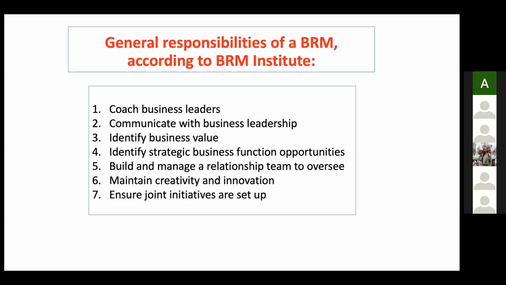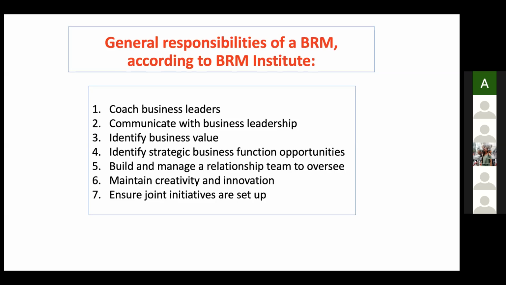and business capability requirements. Identify strategic business function opportunities, both short-term and long-term, and track adoption across relevant departments. Build and manage a relationship team to oversee convergence and strategic partnerships across the organization, including with executive and senior leadership.